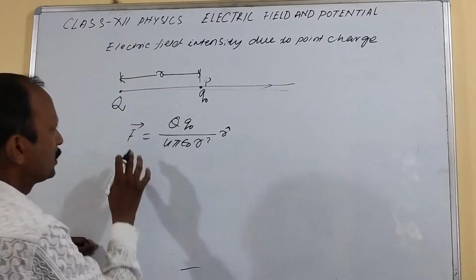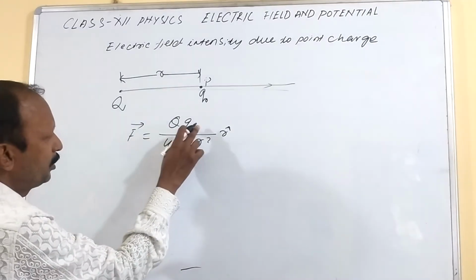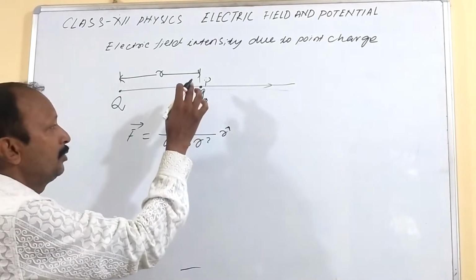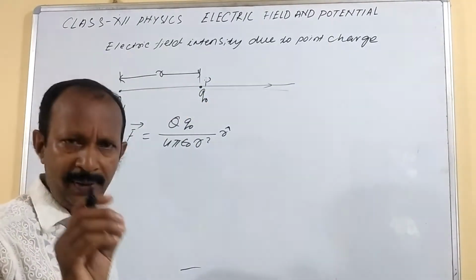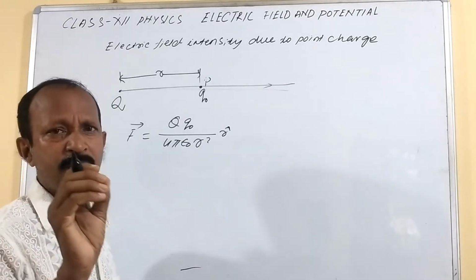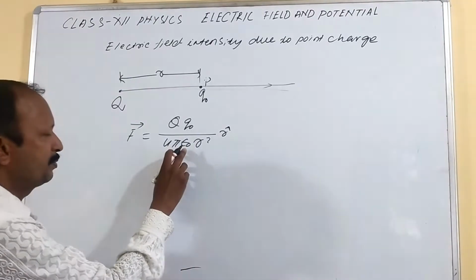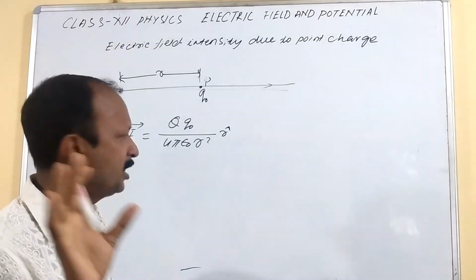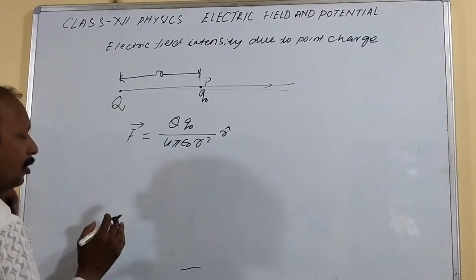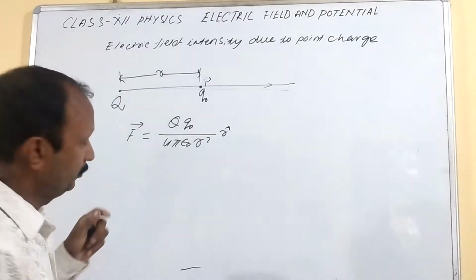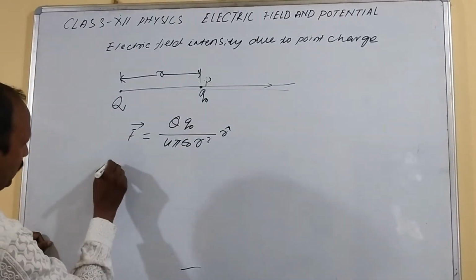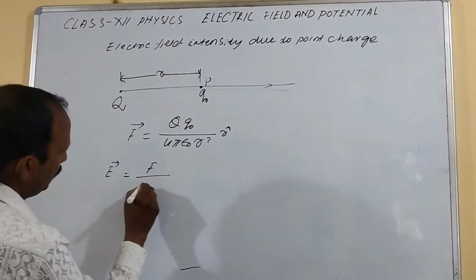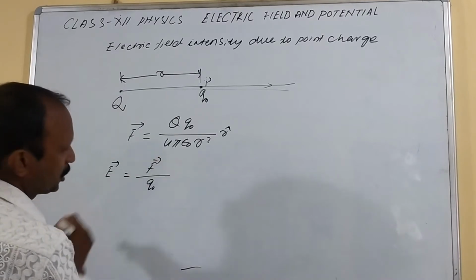So, this force is the product of Q into Q naught upon 4 pi epsilon naught R square. If I am measuring the field intensity in free space, I have written epsilon naught, that is the permittivity of free space. So, what is the electric field at that point? We know that electric field at that point is the ratio between force to test charge.